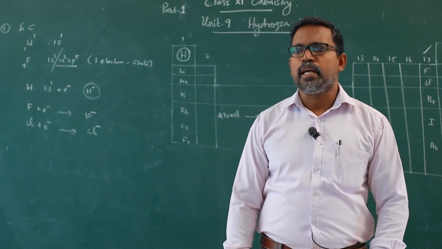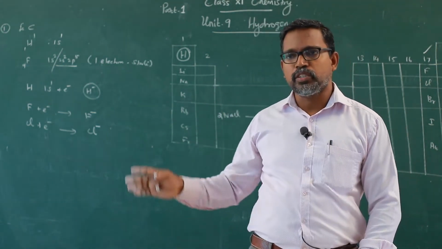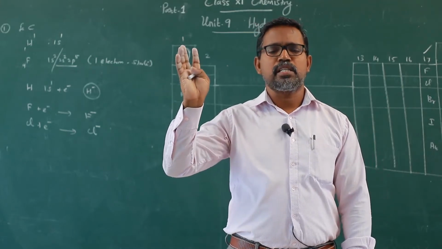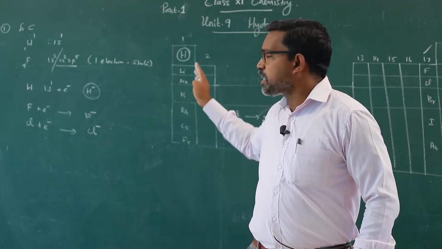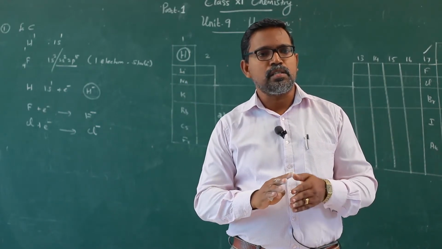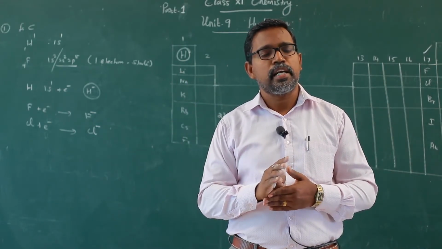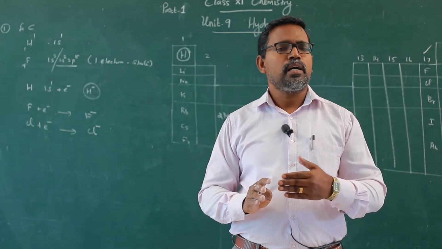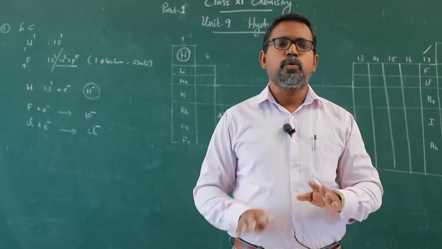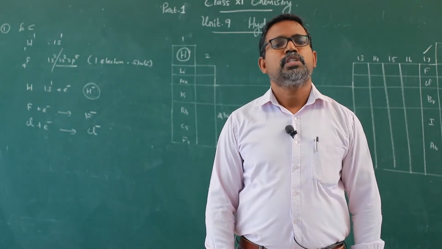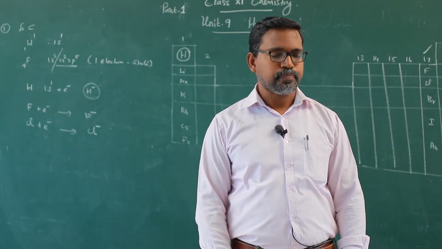Suppose it is located with the halogens, in some respects it entirely differs from the halogens. If it is located with the alkali metals, in some respects it entirely differs from the rest of the family members. So hydrogen should be located in a separate position in the periodic table.